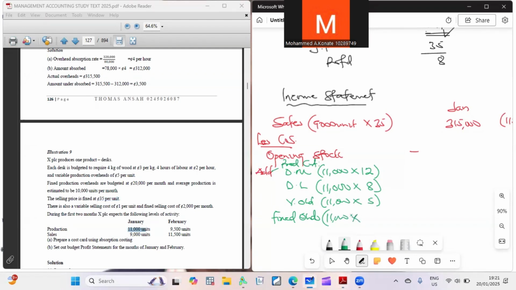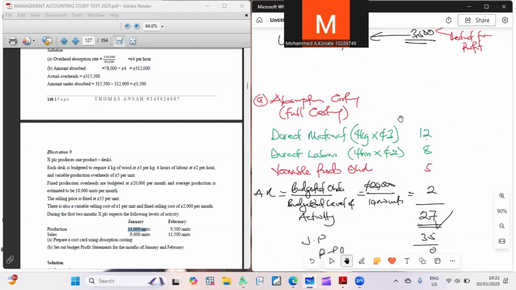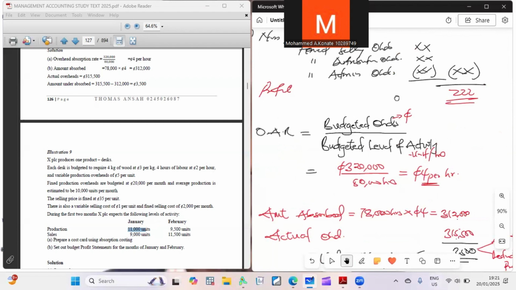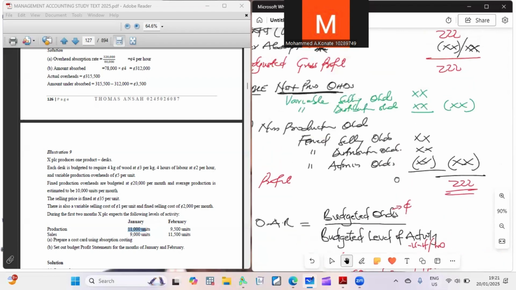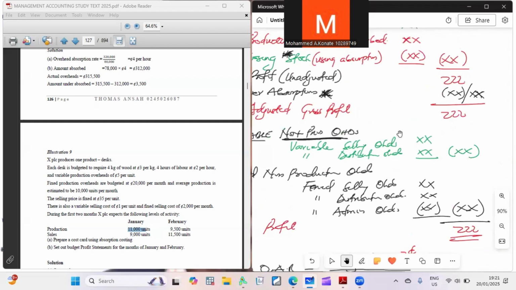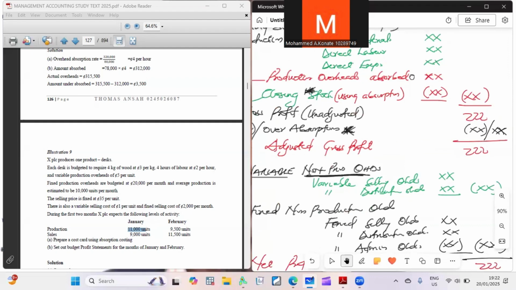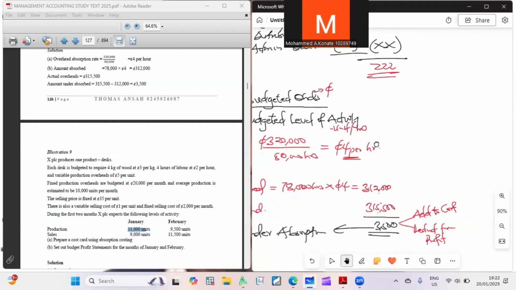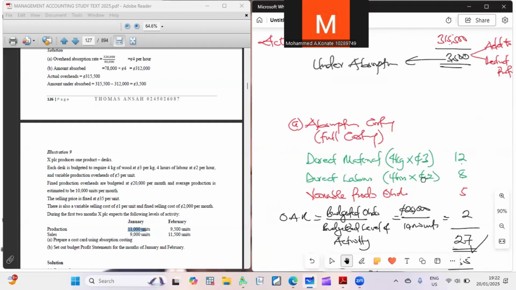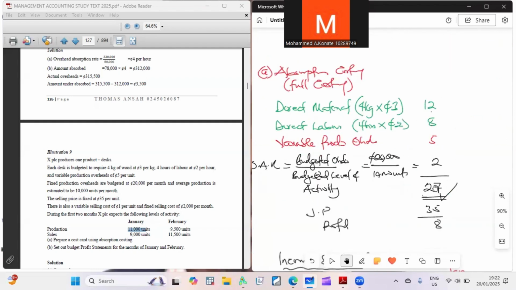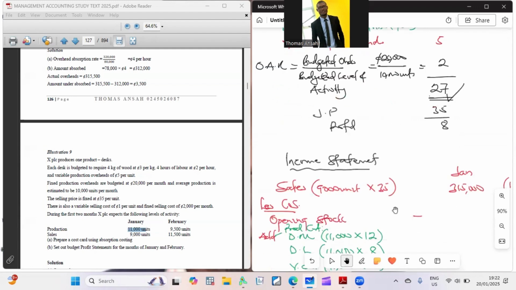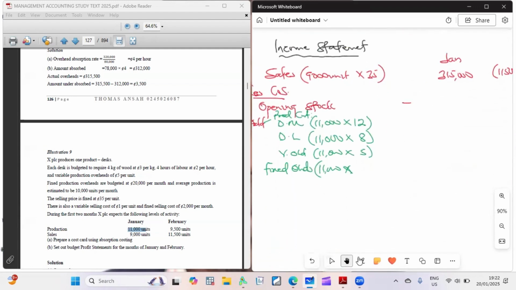And what price will it be? If you remember, in the format, I told you that the closing stock will be valued using the absorption. So whatever you did, the total with the absorption is 27. So that's how much we are going to price our closing stock. But the variable overheads are here. Then the fixed overheads too, we are told it is 2. All right. So here will be 2.